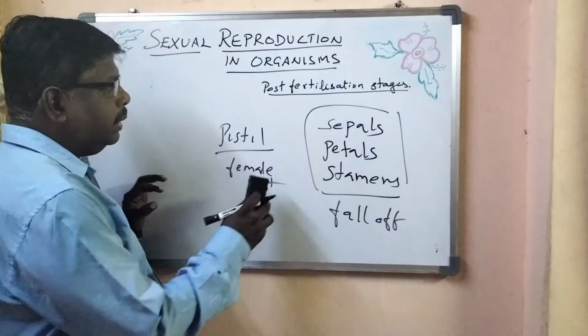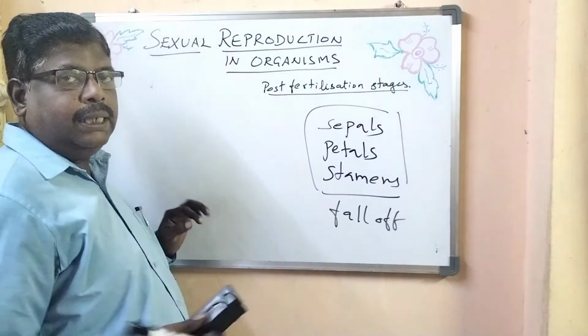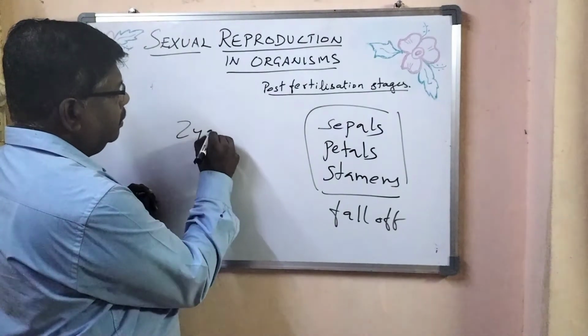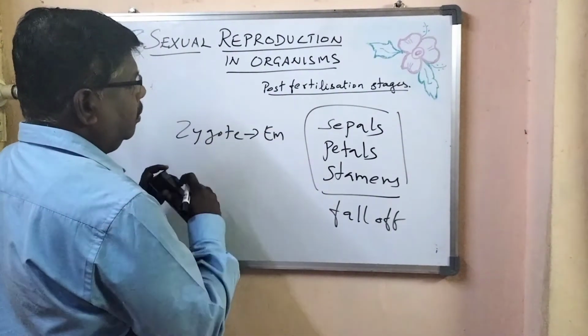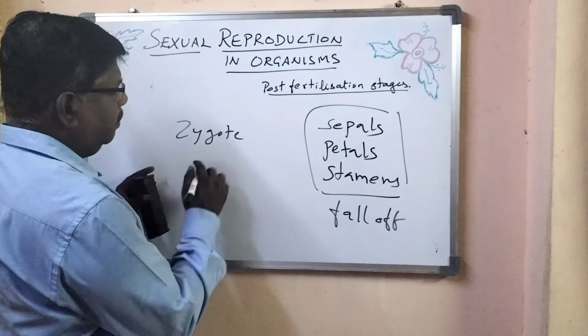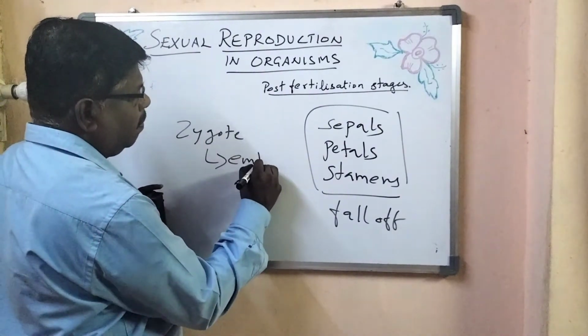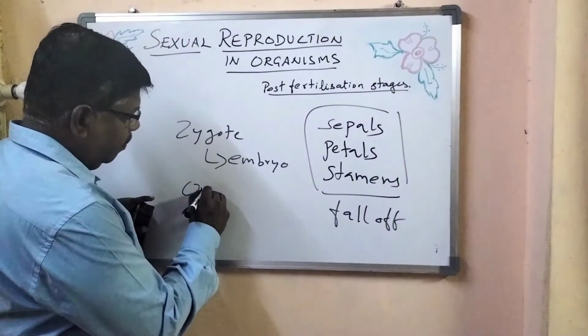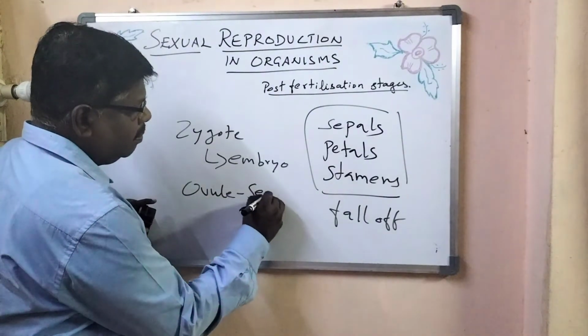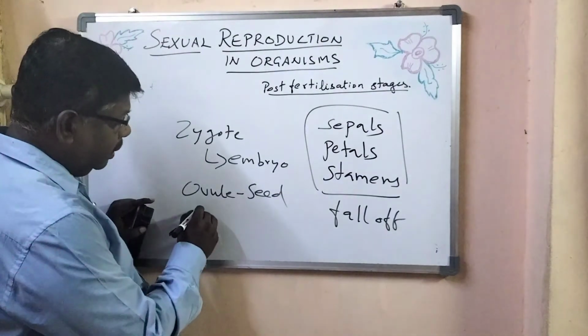Now what happens is the zygote will develop into embryo. The ovule will become seed, and the ovary will become fruit.